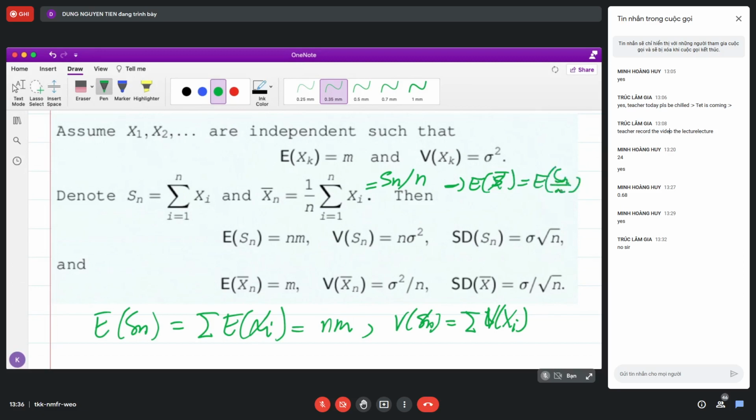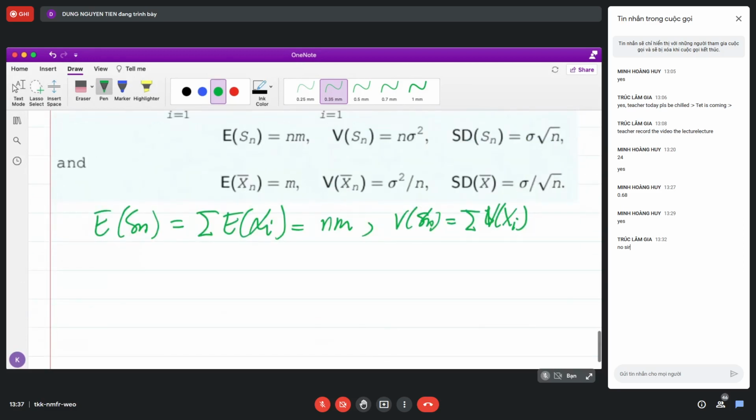You can factor the 1 over n out to get 1 over n times the mean of Sn, which is n times m over n, that is m. You can also use similar arguments to find the variance of the average value x bar and the standard deviation of x bar. Is it all clear, everybody? Do you get it? Everything is fine, right?